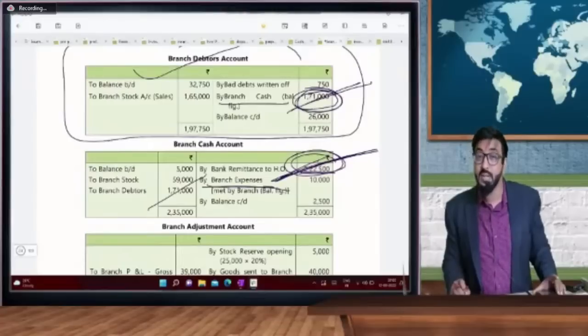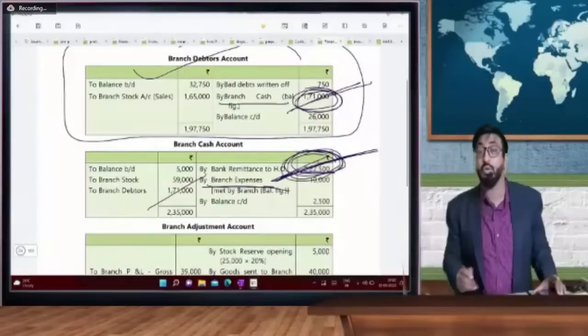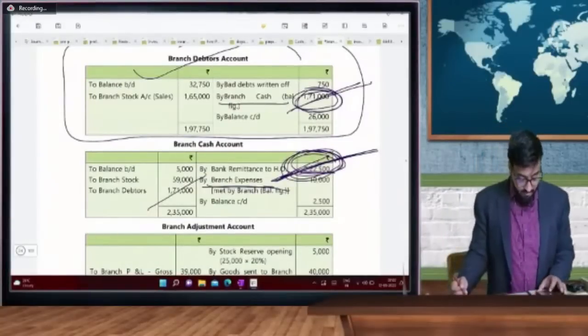In the debtors method we think from the angle of HO. So HO is least bothered about how much cash you are collecting from the debtors. They are interested in 2,22,500 in the debtors method. I hope you are now clear with this concept.